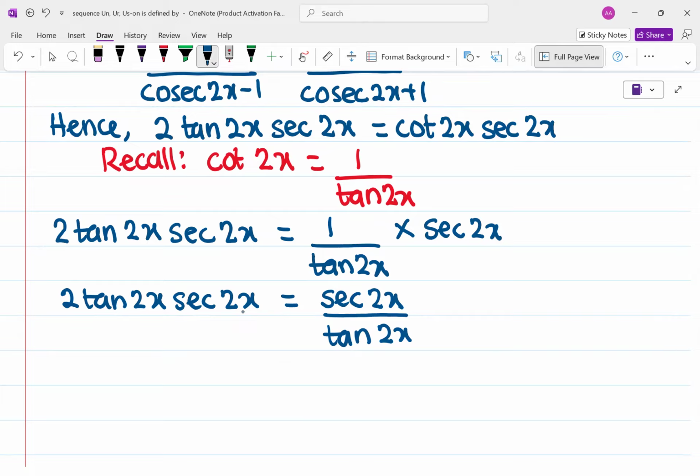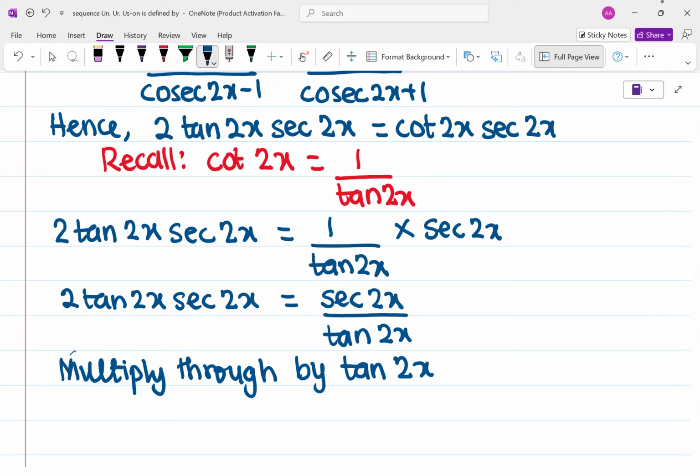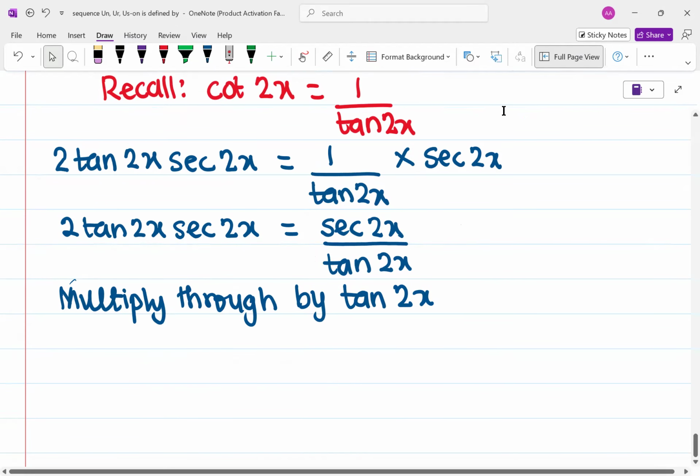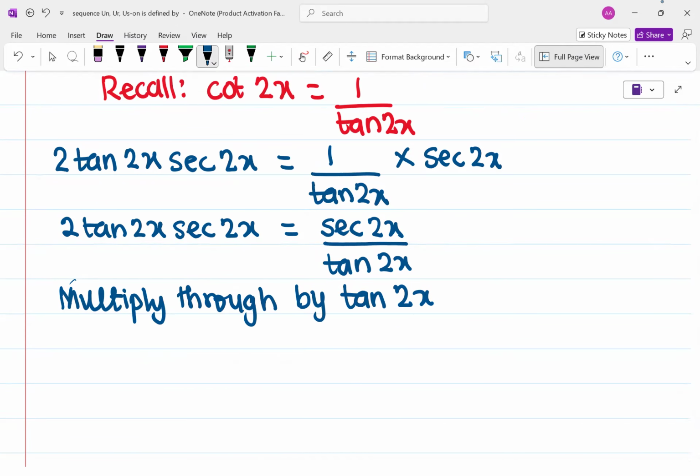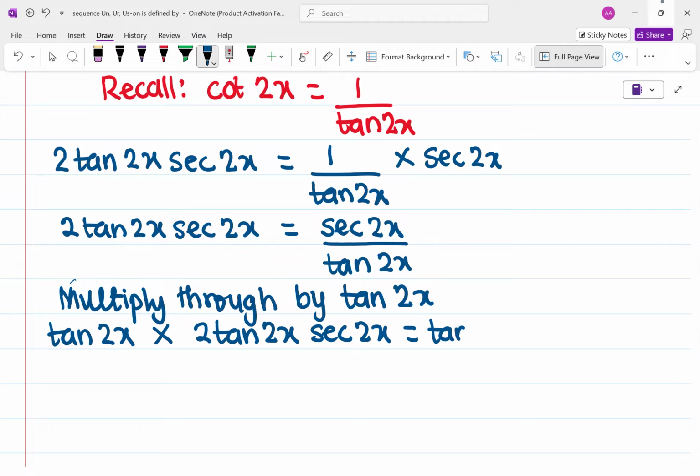So I want to remove this denominator now. What will I do? Multiply through by tan 2x. When I multiply through by tan 2x, you multiply each other. This will now become tan 2x times 2 tan 2x sec 2x equals tan 2x times sec 2x over tan 2x.